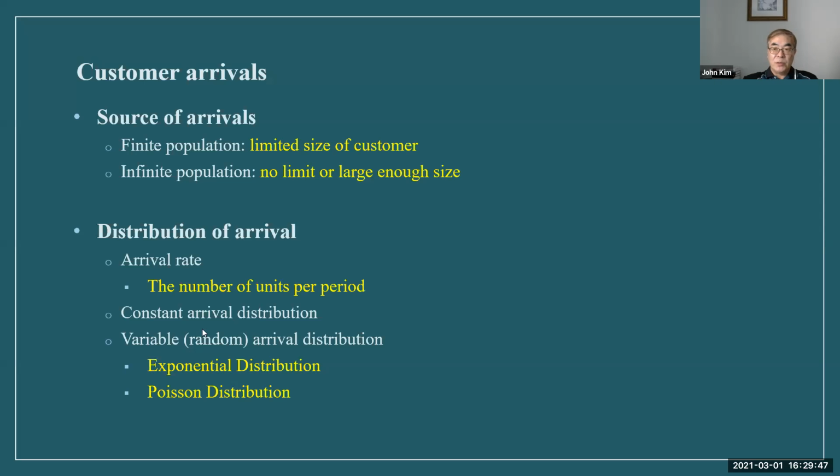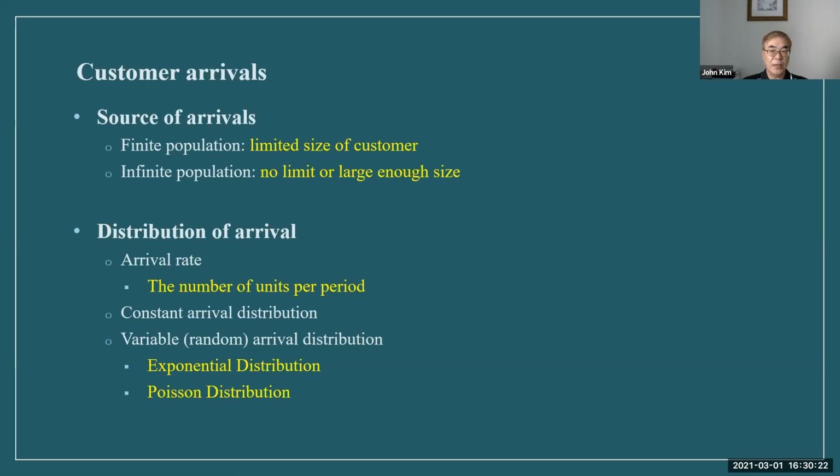If the arrival rate is the same every time, 100, 100, 100, 100, the size of customer arrival is the same, then it is constant.